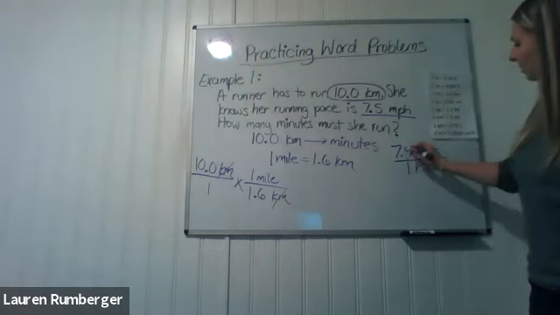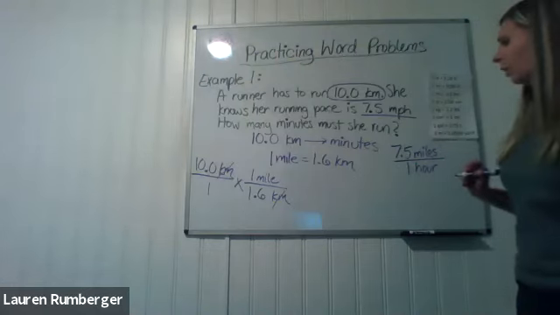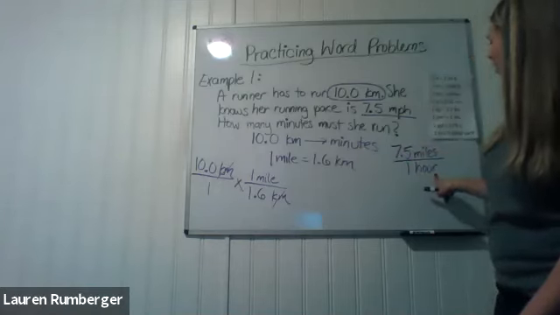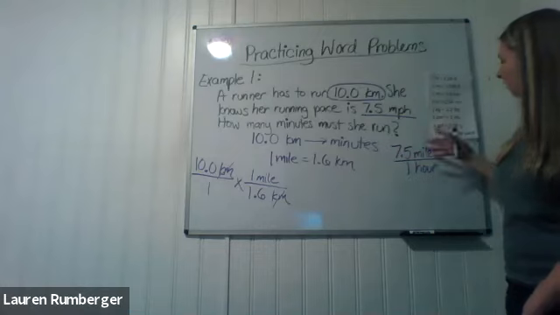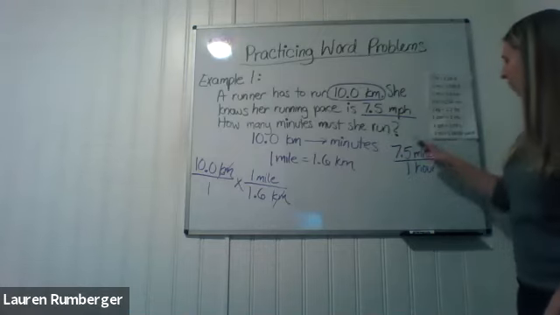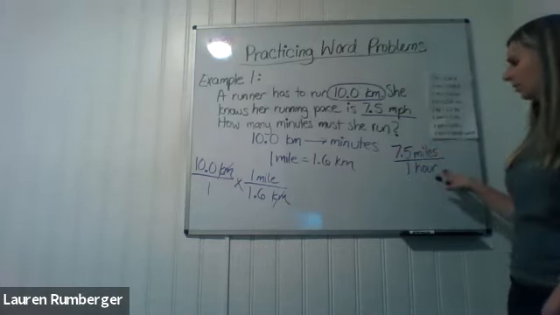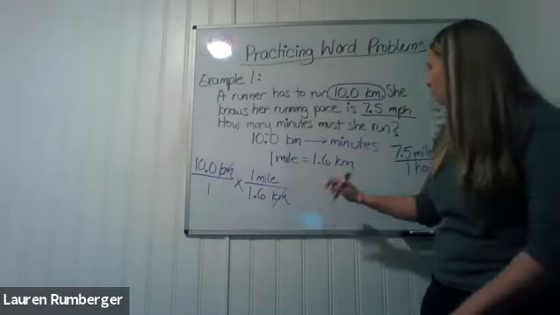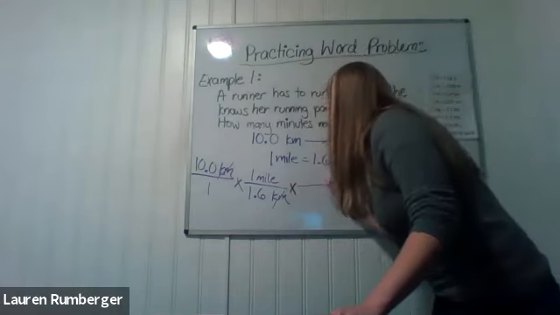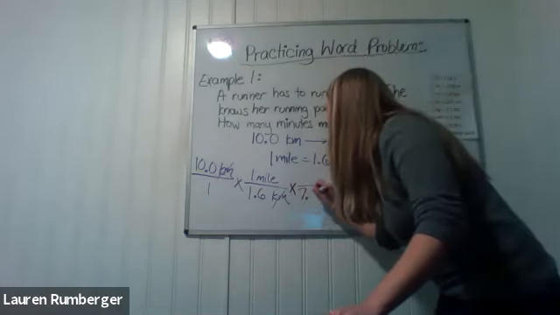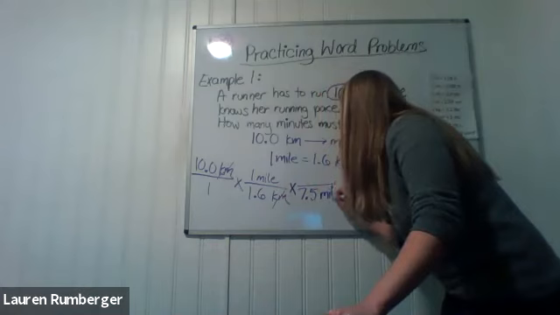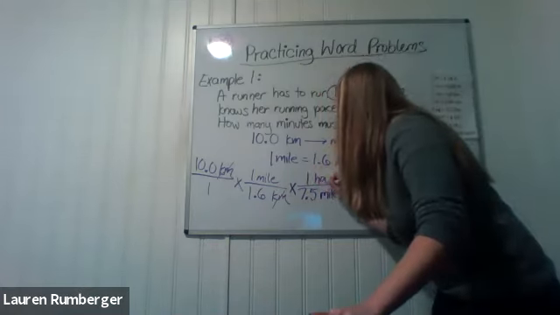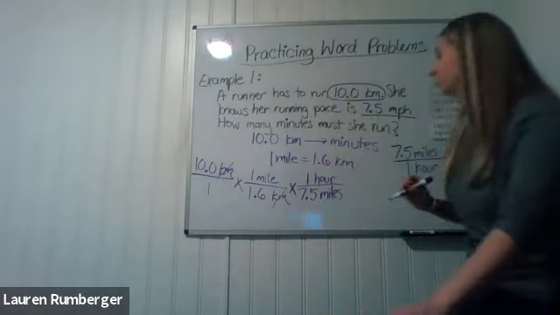That she can run 7.5 miles per hour. So now with this relationship, we can flip this conversion factor. Remember, we can treat this like a conversion factor. We're going to flip it because we want miles on the bottom. So I'm going to put 7.5 miles on the bottom here and 1 hour on top.